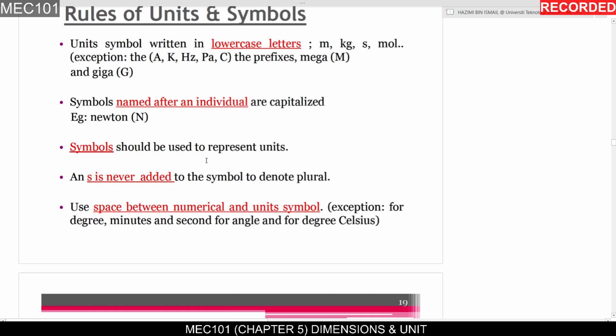Symbols should be used to represent units, and S is never added to the symbol to denote plural. It's not the same as in English grammar, where with multiple numbers we have to put the S. No. In the units, we never add S here.